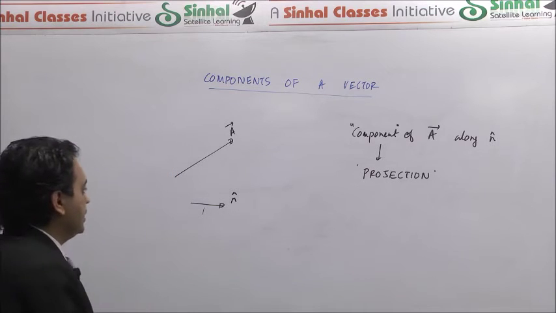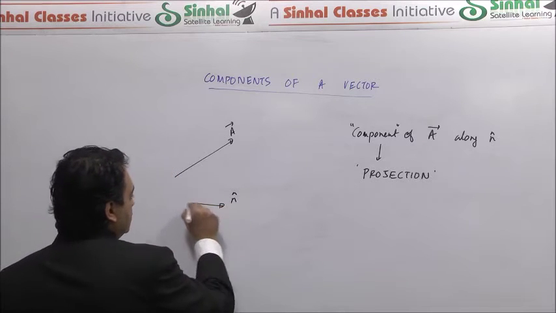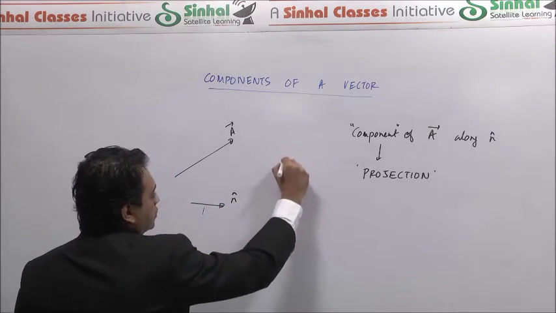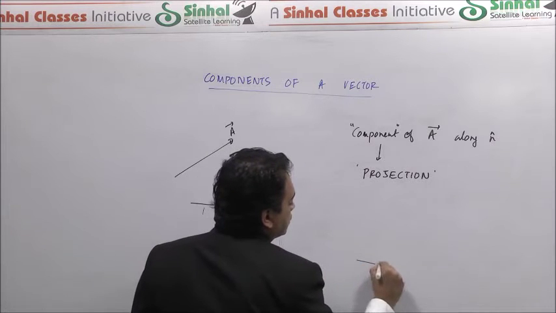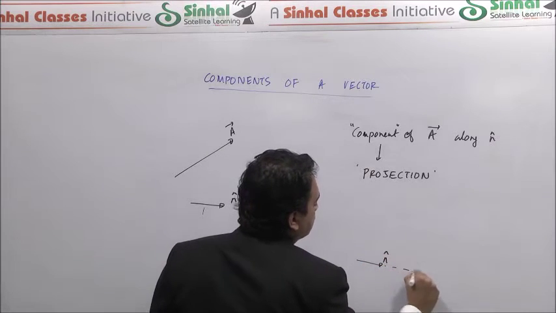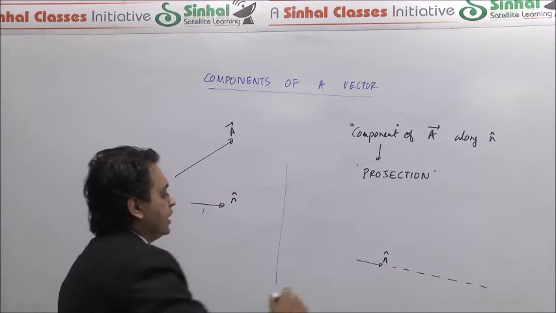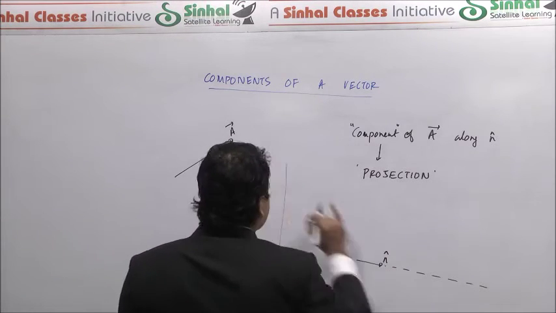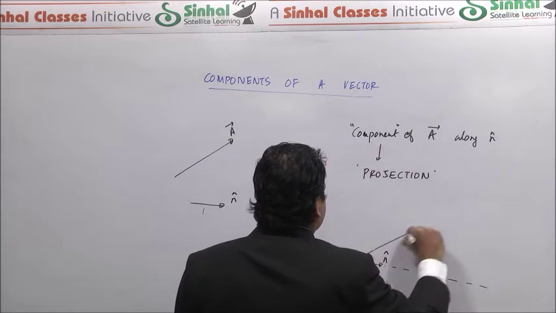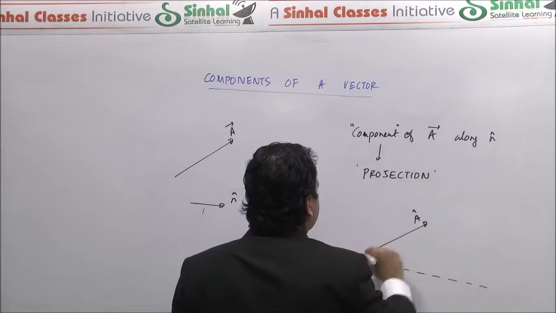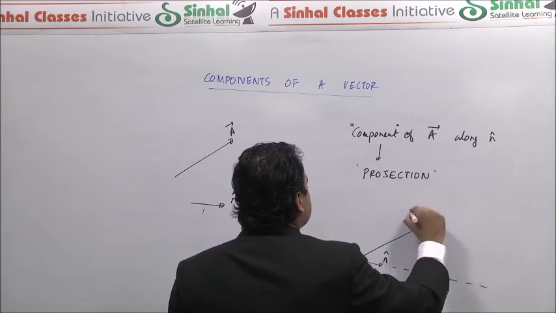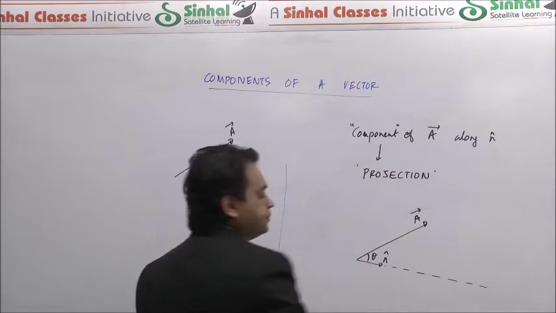Okay. So let's say that n cap is a unit vector, as I've shown, along this particular direction. So n cap over here is along this line. This is the line of action of n cap. Okay. And let us say that the vector A, when I draw it from the common origin with n cap, is lying like this, where the angle between A and n cap is theta. Okay.